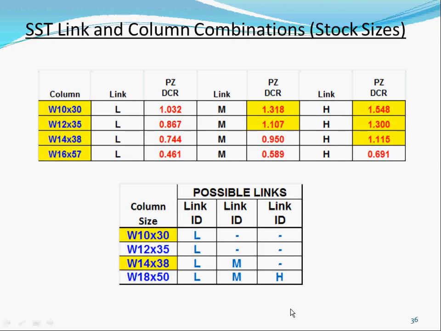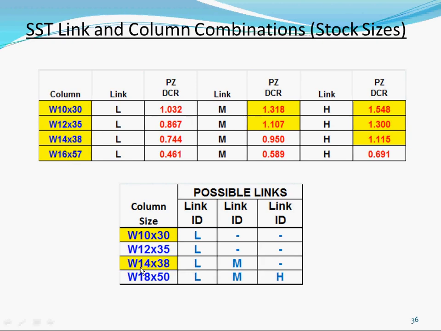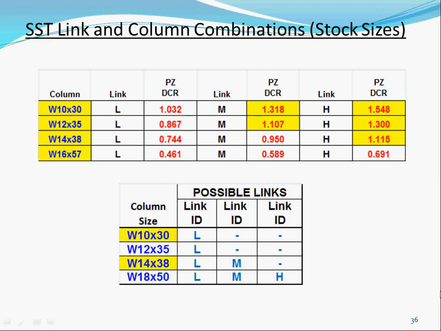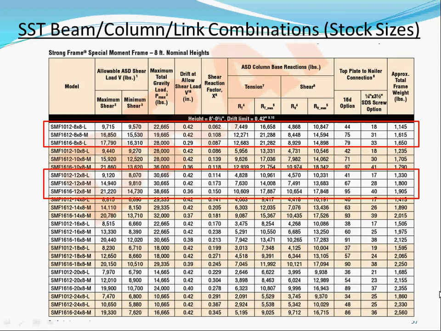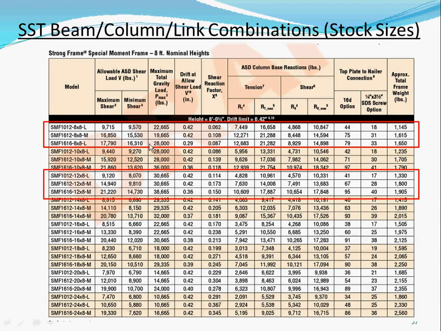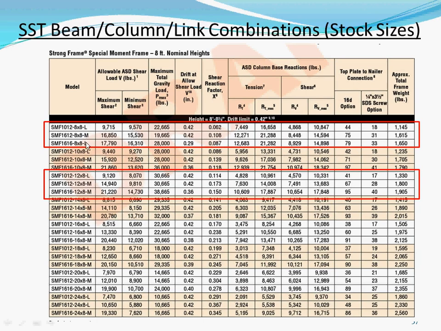So here is the possibility of combination for the catalog stock sizes. When we're dealing with W10, only light link, W12 only light link. For the heavy one, actually we are 16 by 15, L, M, or H is okay. So you can combine with anything else. On all of them, we have to call out what link size we're going to use with that beam or column.